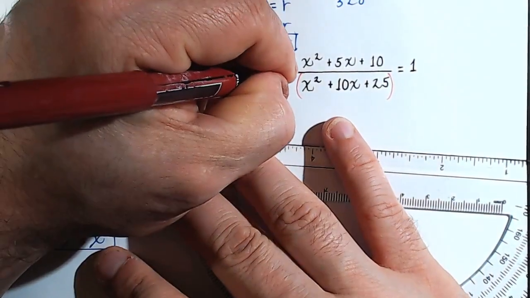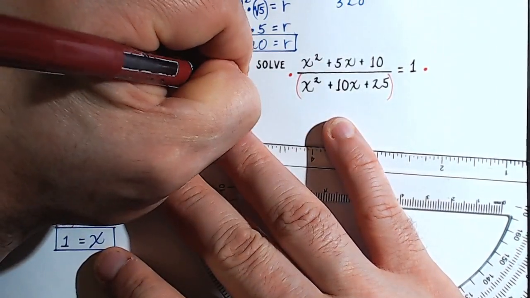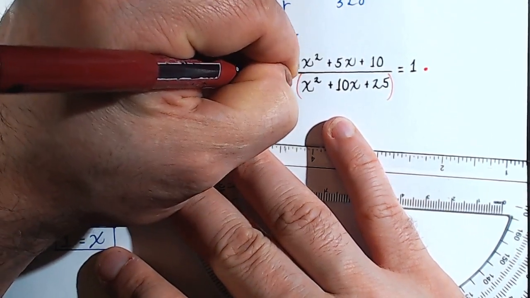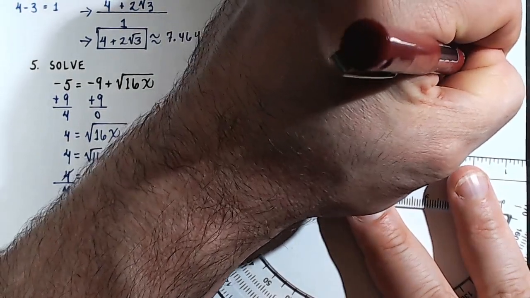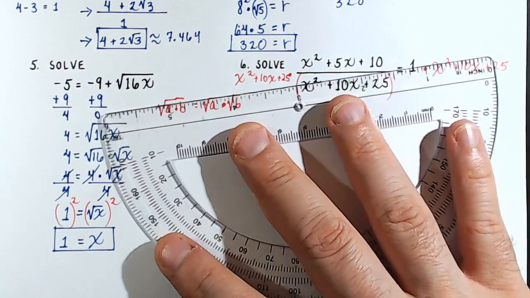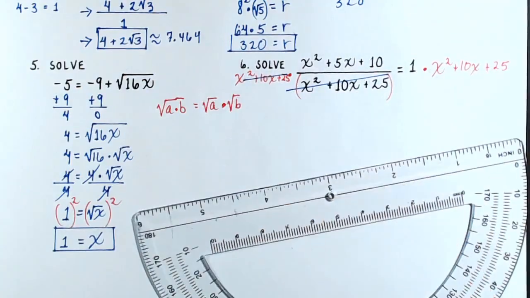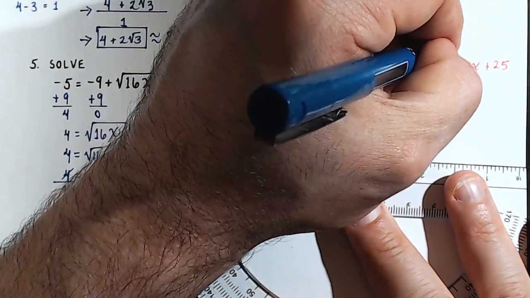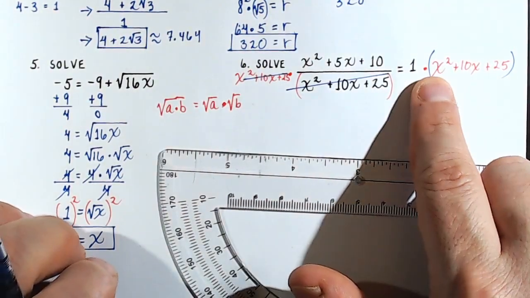So I can multiply both sides by x squared plus 10x plus 25. The chief benefit of doing that is that when I do that on the left, I can cancel those two and get rid of the denominator. On the right, I'm only multiplying a 1, so it doesn't change anything.